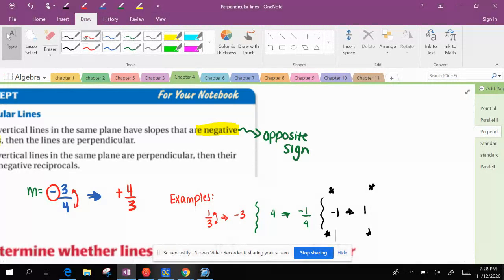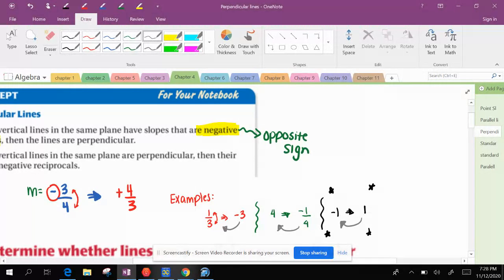And all of these are vice versa, which means I can go backwards. So the opposite reciprocal of negative 3 is 1 over 3. The opposite reciprocal of negative 1/4 is 4. The opposite reciprocal of 1 is negative 1. So those are just some examples of opposite reciprocals.